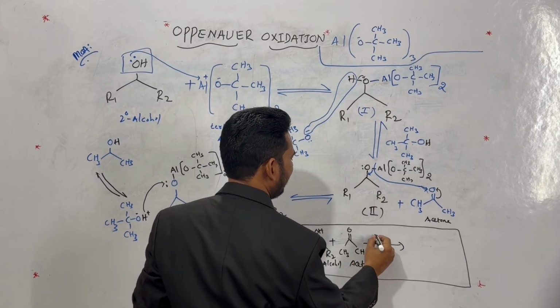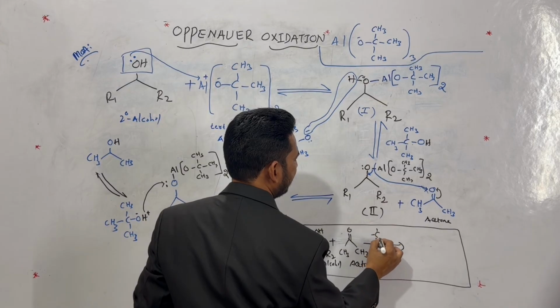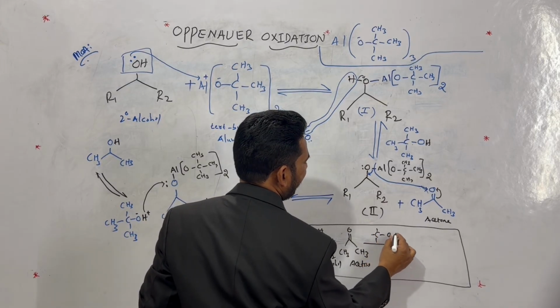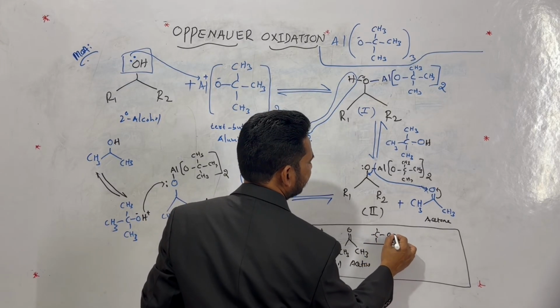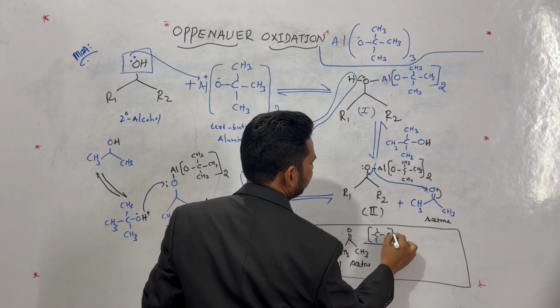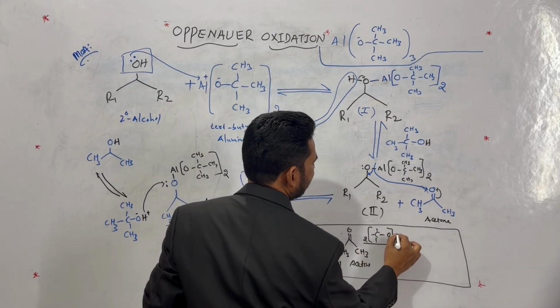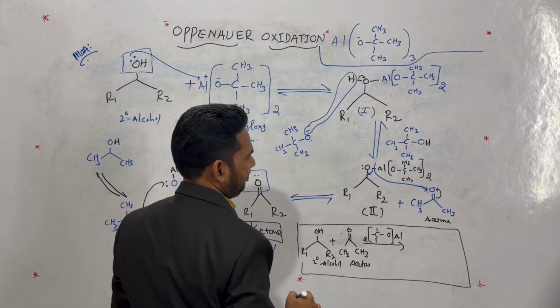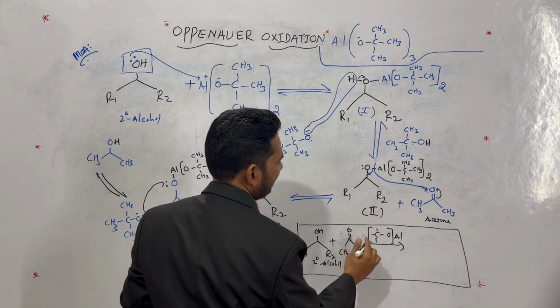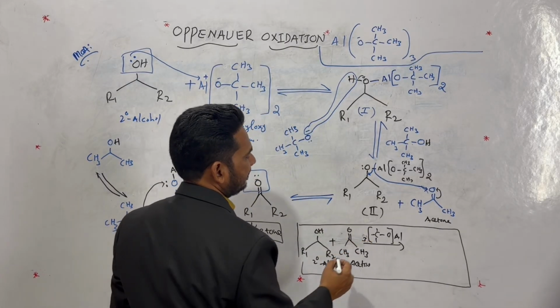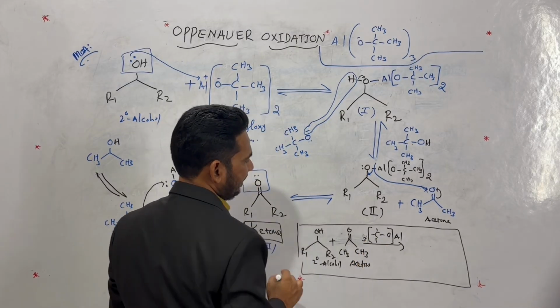In the presence of what I told? Tertiary butyl oxy. How many moles? 2 moles aluminum. Sorry, 3 moles here in total. Tertiary butyl oxy aluminum.